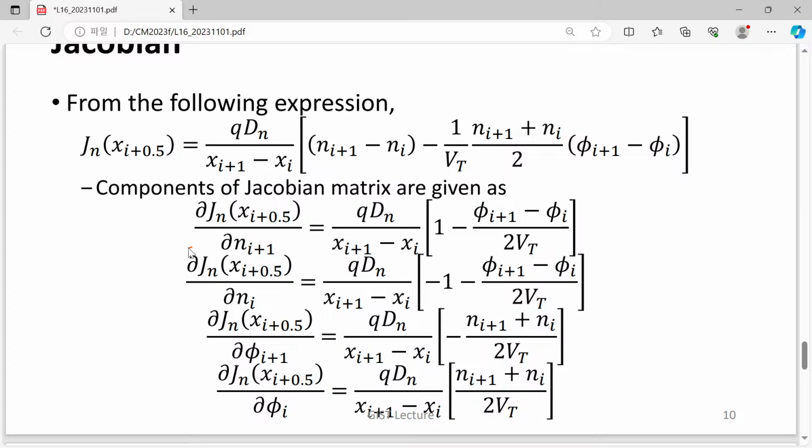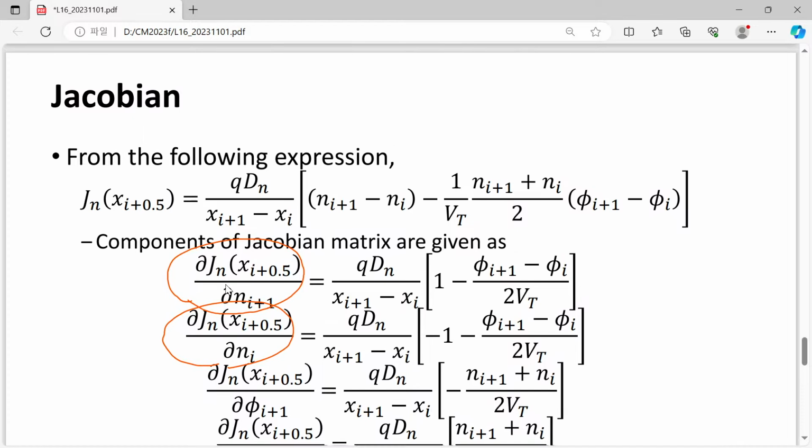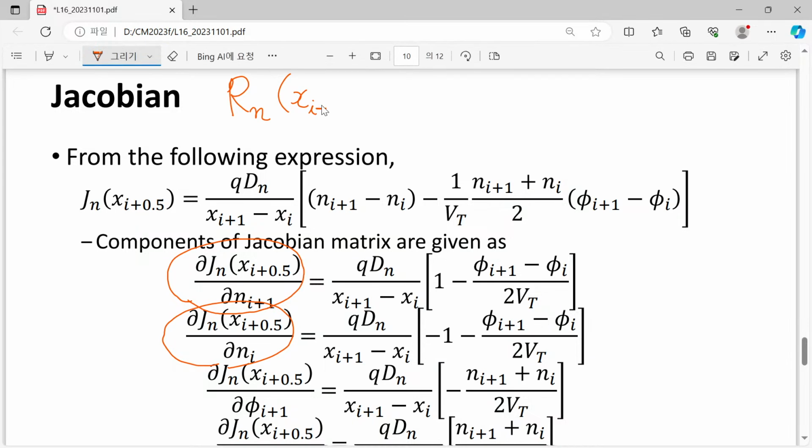Although I have shown some quantities like round Jn over round n, it is now assuming that you can do something like this. Now let's say that we wanted to calculate a certain residue.